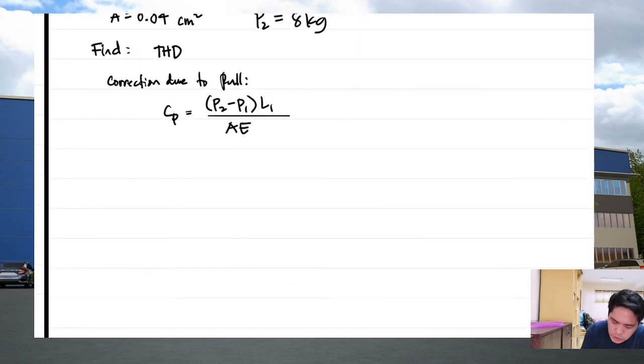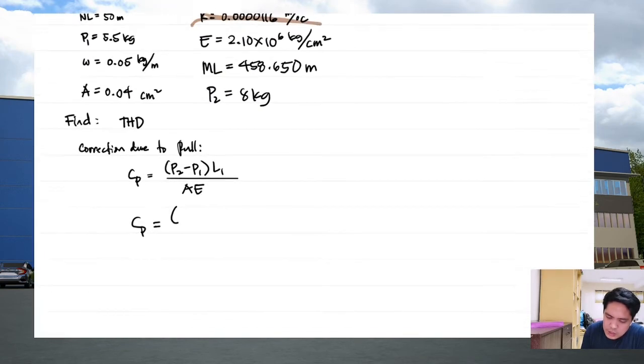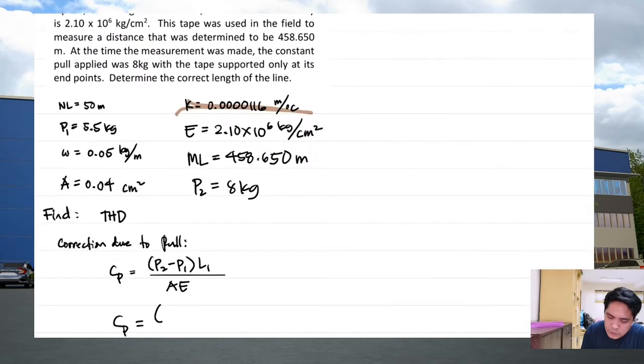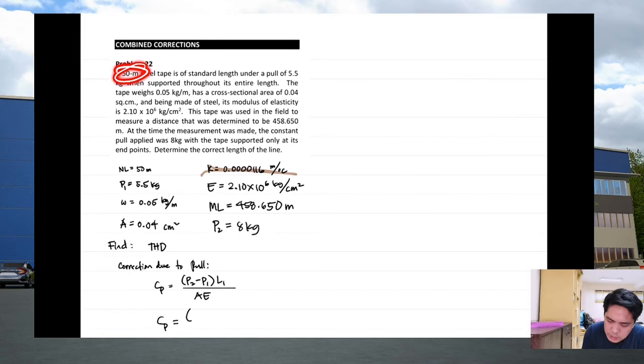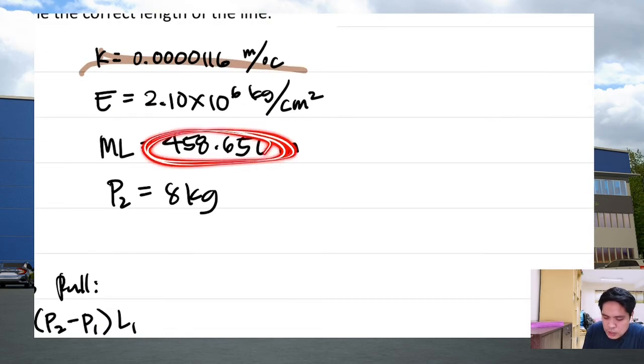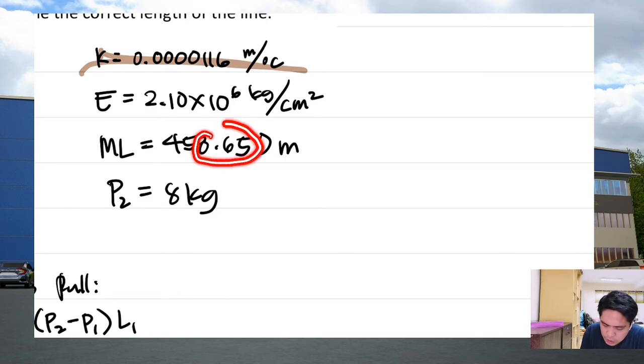So, for the correction due to pull, we could just use the whole measured length here. Although, you can do it piece by piece, because if it's a 50-meter tape, you count how many 50 meters you used. Then, what remains is 8.65.